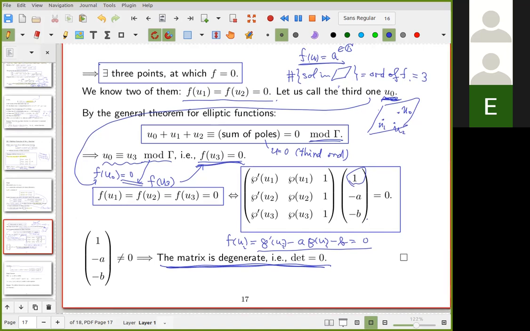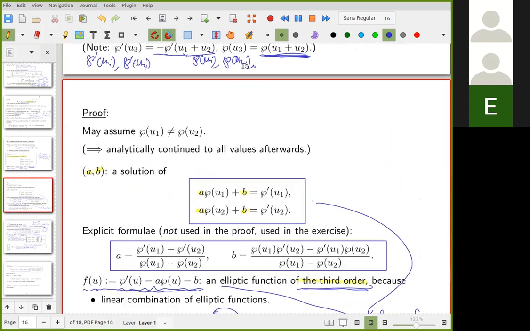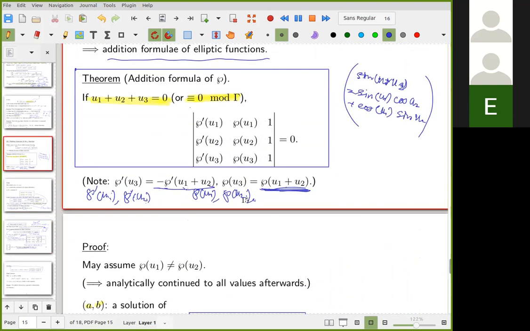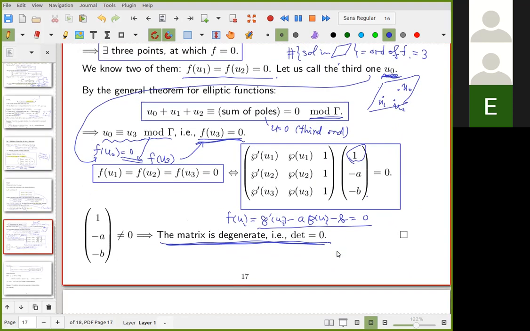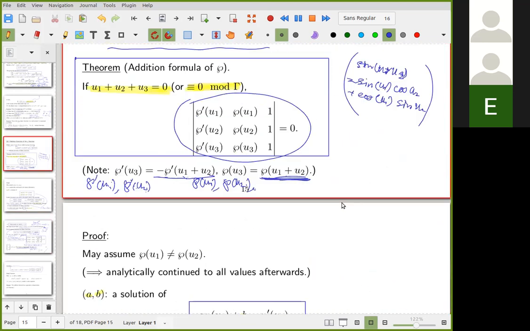This means this equation. That is the proof of this addition formula.